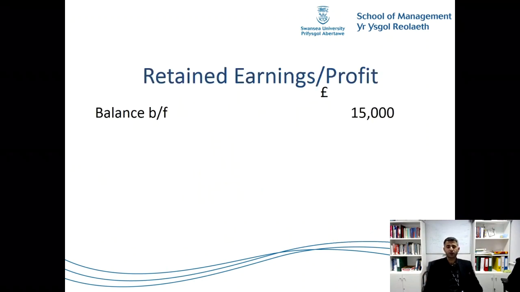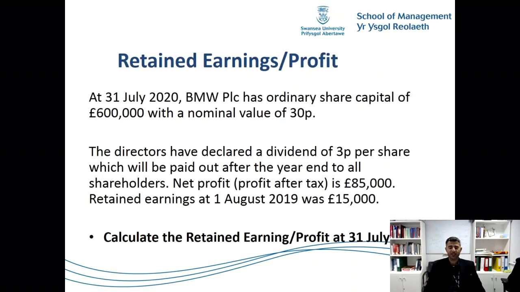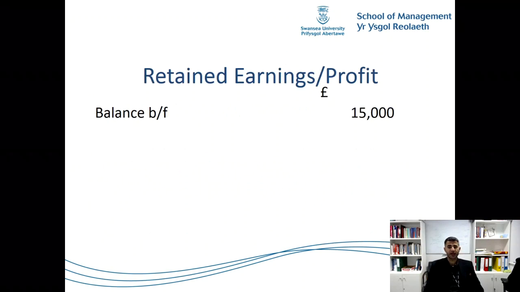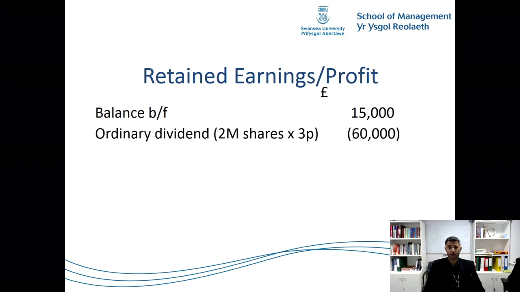First of all, the balance brought forward, this is the opening balance. The opening balance for the retained earnings, which is the £15,000. If you deduct the dividends, if you take away the dividends, £60,000. Why £60,000?